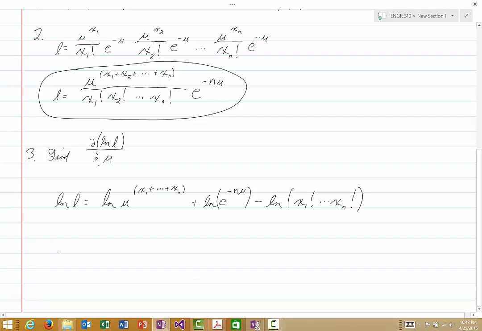And this could be written in a slightly more compact form, like this. We'll just leave the first term as it is, natural log of mu to the x1 plus dot dot dot plus xn.